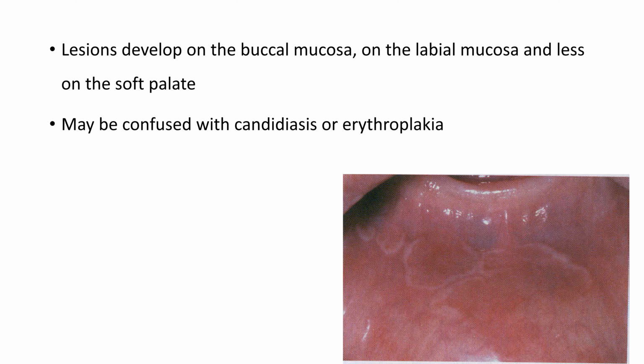In these areas, they can be identified by a yellowish white serpentine or scalloped border that surrounds an erythematous zone. Because of this appearance, it may be confused with candidiasis or erythroplakia. In the picture, you see serpentine borders on the lower labial mucosa. These are all erythematous areas surrounded by white borders.